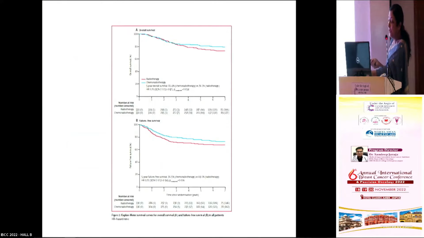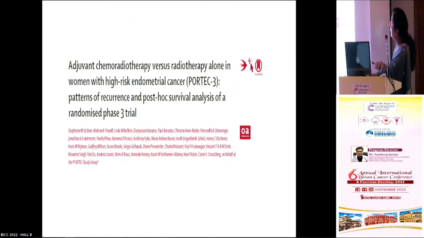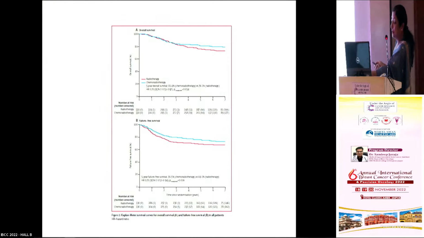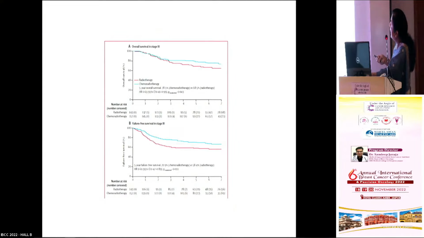Now, PORTEC-3 was a landmark trial on adjuvant chemoradiotherapy versus radiotherapy alone in women with high-risk endometrial cancer. And the patterns of recurrence and post-hoc survival analysis were studied in a randomized phase 3 trial. And PORTEC showed that the chemoradiotherapy arm resulted in better overall survival and failure-free survival in all patients and in patients with stage 3.